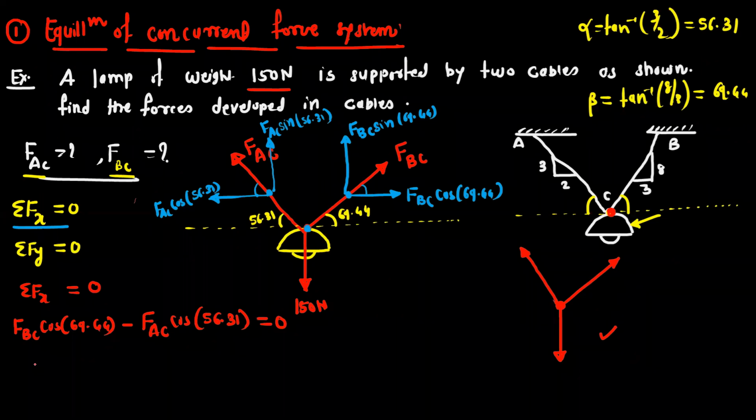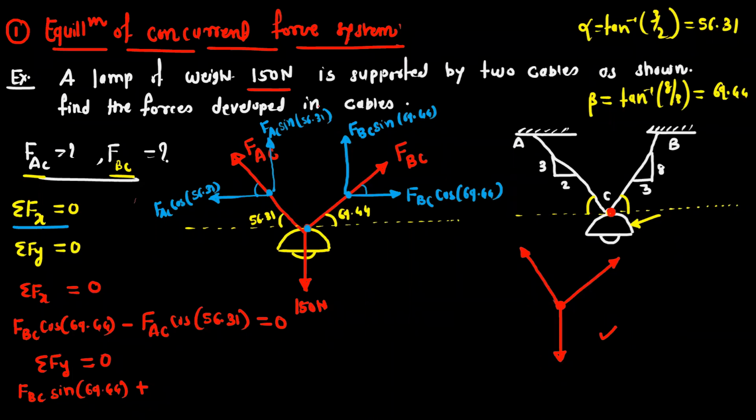Now use the second condition, which is summation Fy equal to 0. For summation Fy equal to 0, we have FBC sine 69.44 plus FAC sine 56.31.